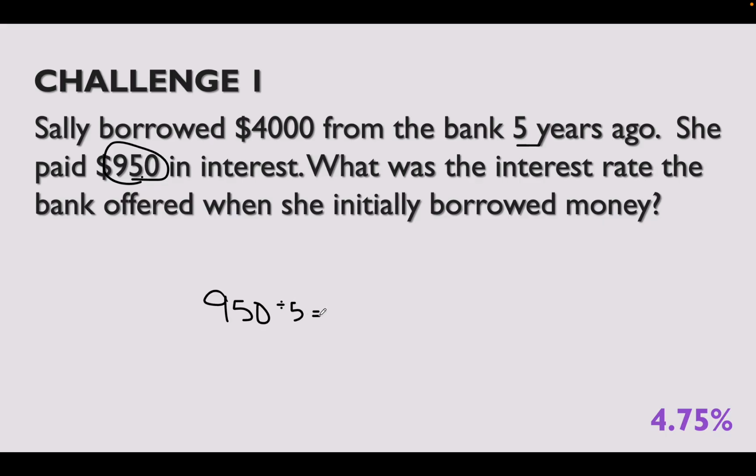So when you do that, you get $190 in 1 year. And then we want to know what percent is that out of the original, which was 4,000. So you would do what percent is 190 out of 4,000, and you can divide those times 100, you get 4.75. You could also set up your proportion and say that equals x over 100.